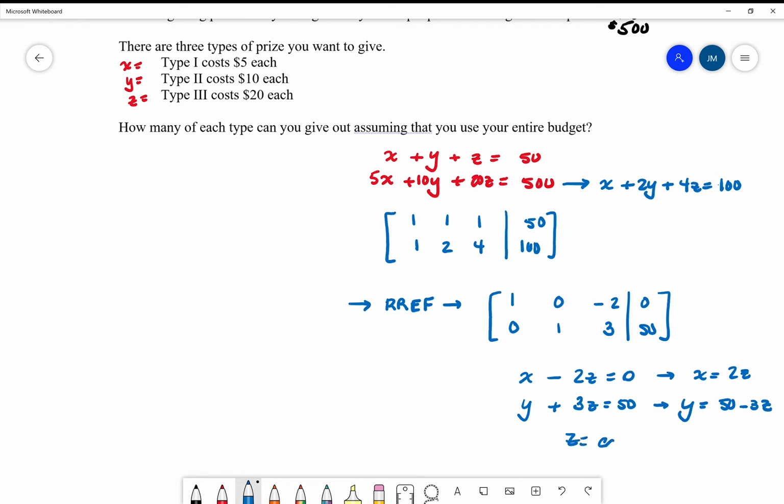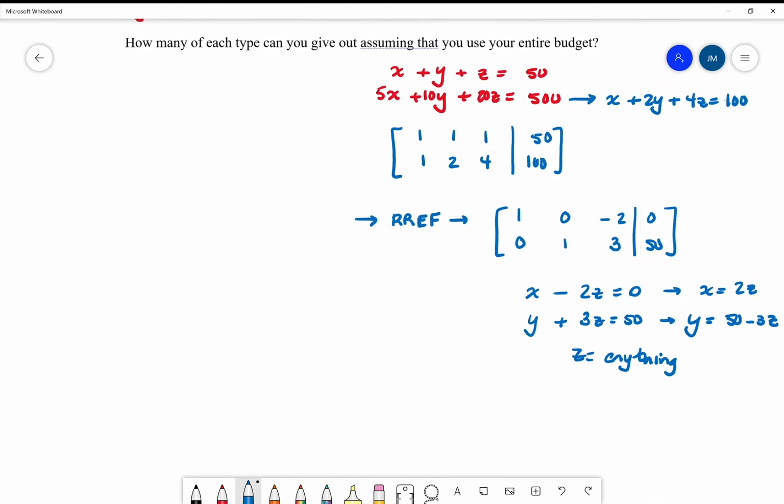So while that seems true on the surface, remember that we are attached to a word problem. So that means that z is actually confined to, since z is a number of prizes, this means that when I go shopping for prizes, I have to kind of look at the most expensive one first. Okay, so I'm just going to pick a couple values here.